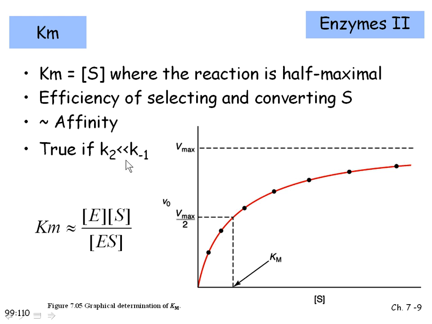And so when those conditions are met, we can say that the Km is approximately equal to the free enzyme and substrate over the complex. Any questions so far?